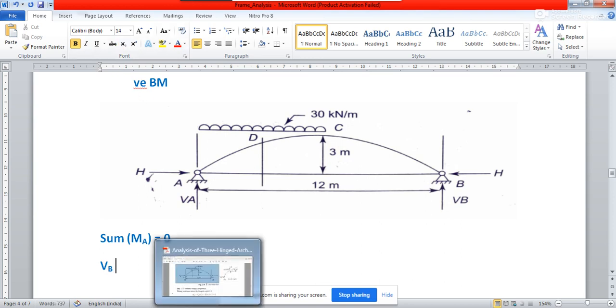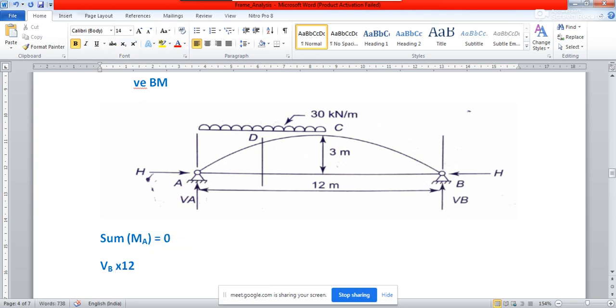VB into 12, right? This point will be rotated in an anti-clockwise direction. You see the direction of this rotation will be in this way. If the rotation is anti-clockwise, let's keep it positive.